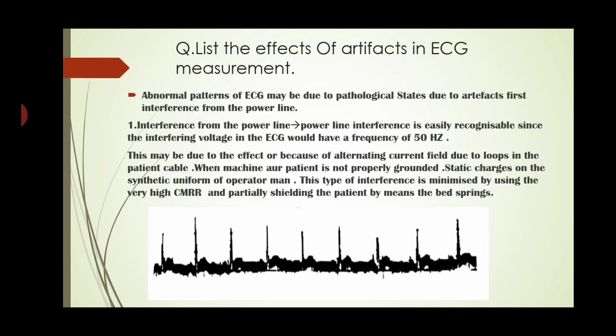This may be because of an alternating current field due to loops in the patient cable. When the machine or patient is not properly grounded, then also we are getting the interference of the power line.